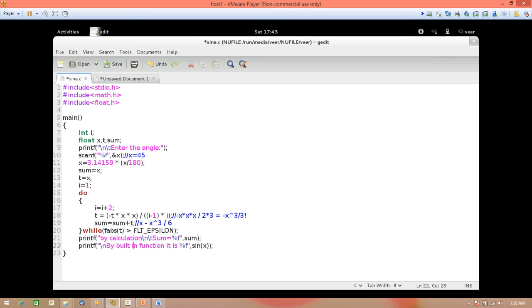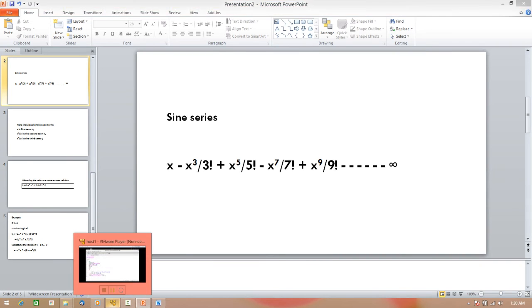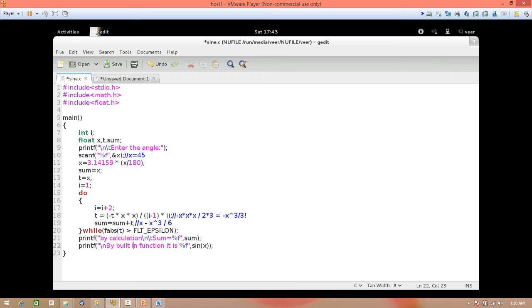Also, I said the sine series is the sum of these terms which will go on till infinity. There is nothing like infinity in programming. The program cannot get into an infinite loop and give you the result. An infinite loop is a loop which will never terminate. If it never terminates, then you are not going to get any result.